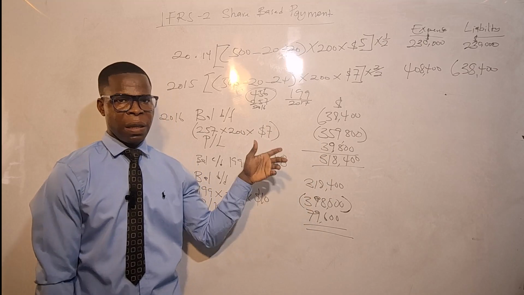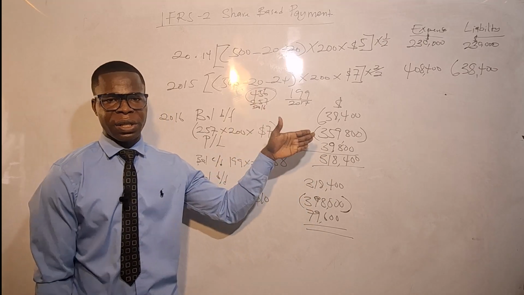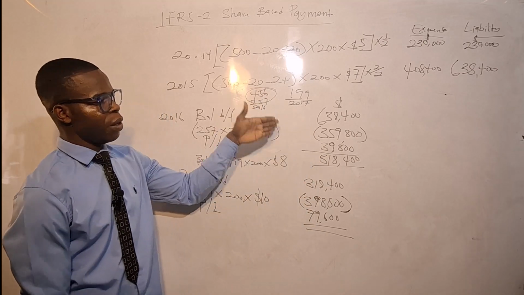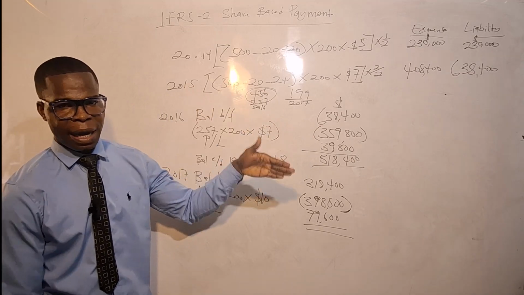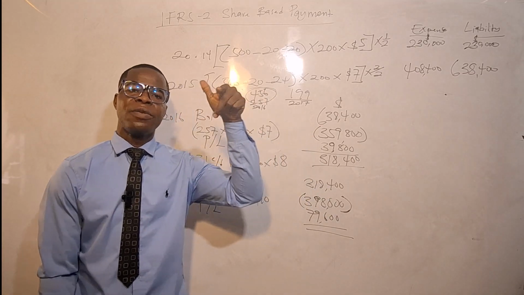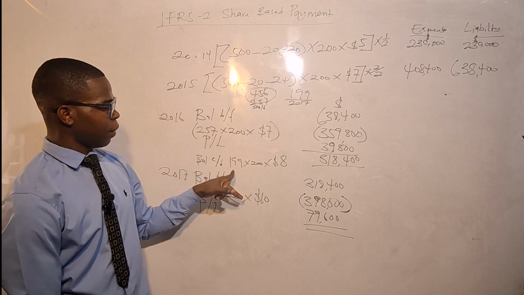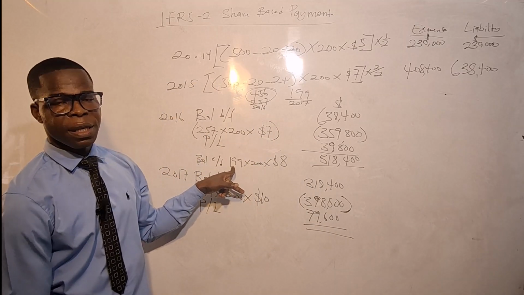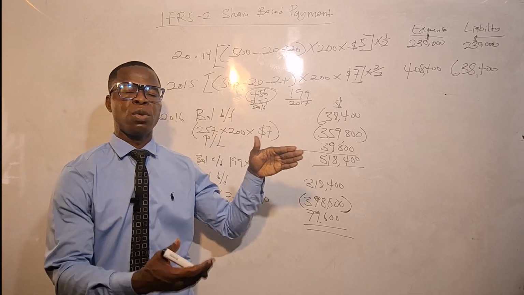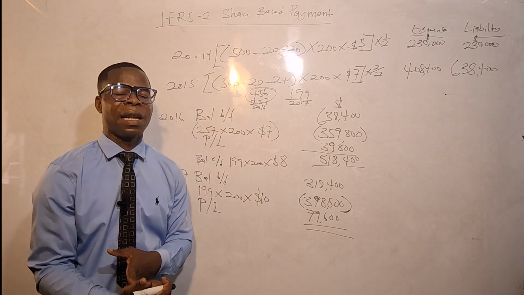So take note of how we deal with cash settled share-based payment. If there is going to be any exercise of the share appreciation right, we use the intrinsic value, and don't forget about how the remaining employees and the existing employees are able to exercise their share appreciation right.